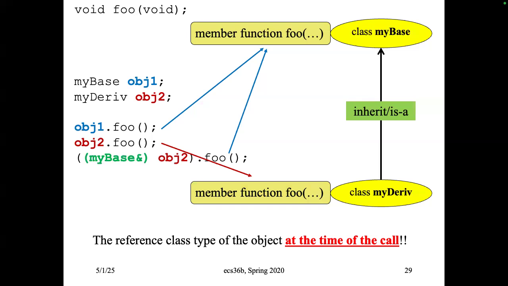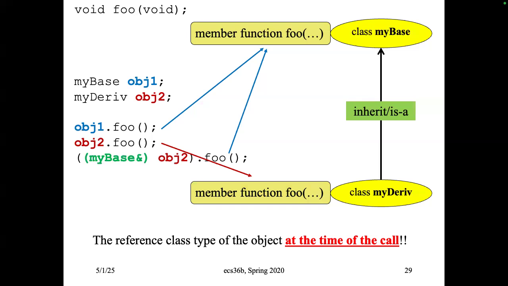When I say at the time of the call, I'm wondering about the compiler, in this case g++. Do you think at compile time the compiler g++ knows how to find the correct function entrance when it looks at your program?